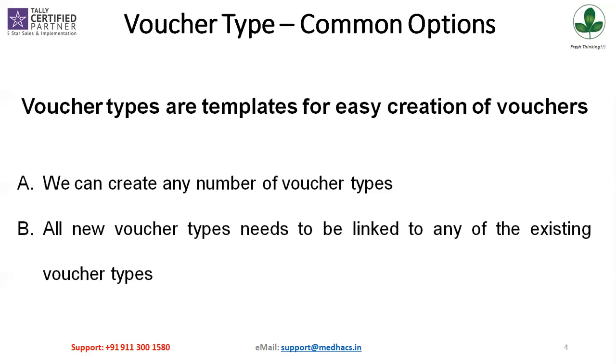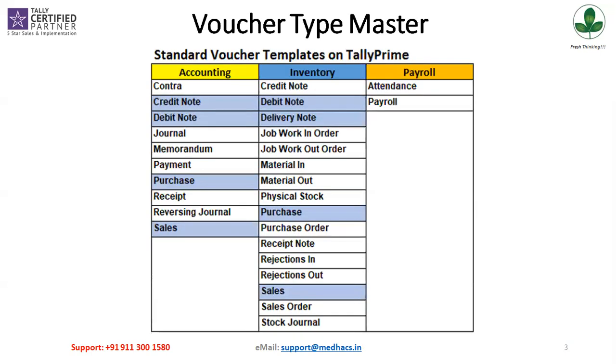And one more thing you need to be aware of is that any voucher type that you create needs to be linked to one of the existing voucher types only. You cannot have a new type of voucher type which doesn't fall under any of these. Whenever you create a voucher type, it has to be linked to one of the default voucher types that is available.